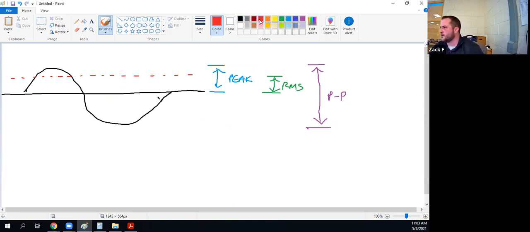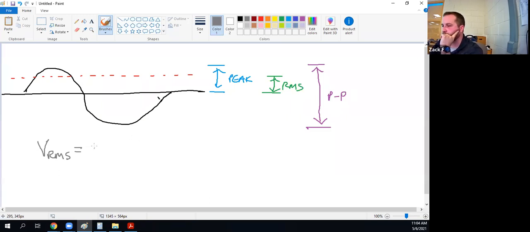I don't know if you have formulas for this on your sheet or not, but let's just put them on there. VRMS is what percentage of the peak value? 0.707.